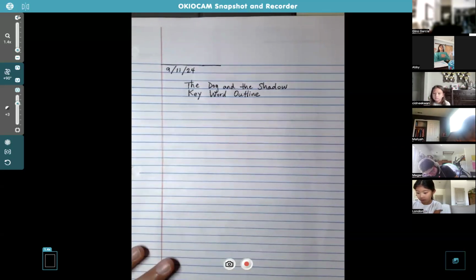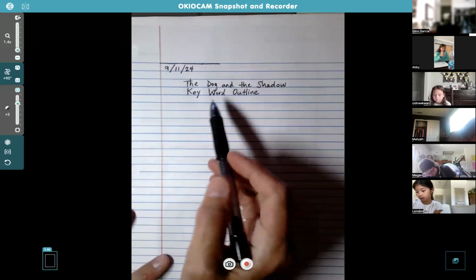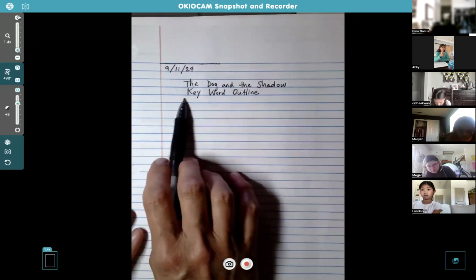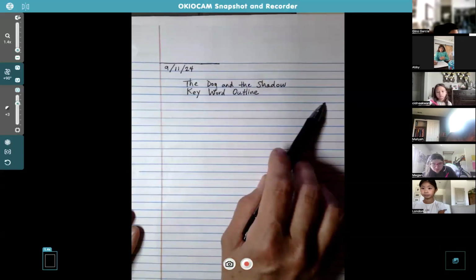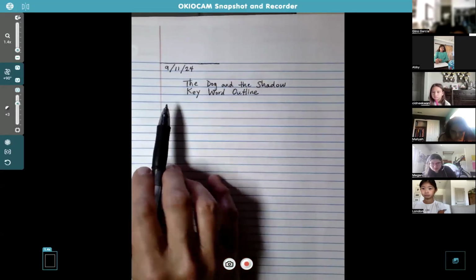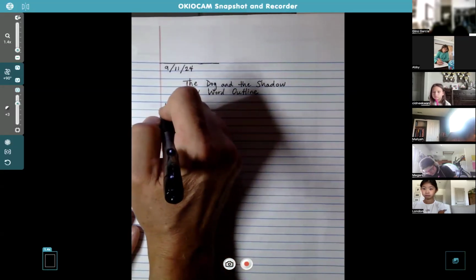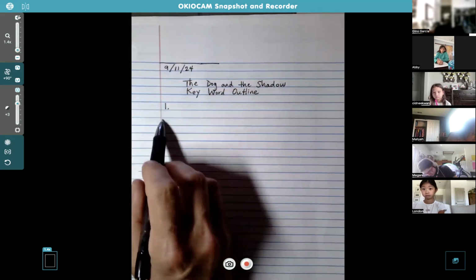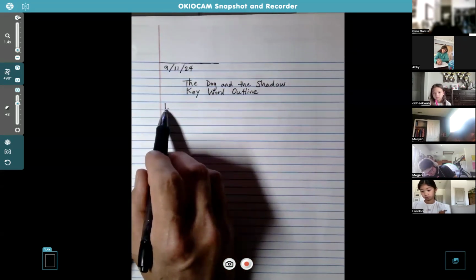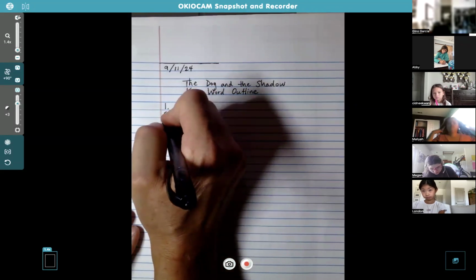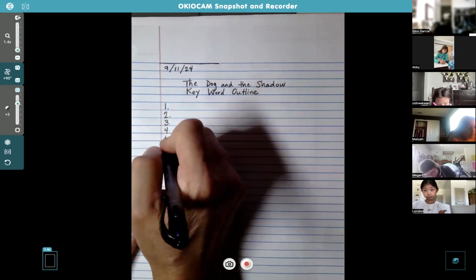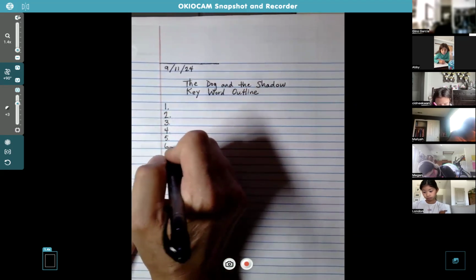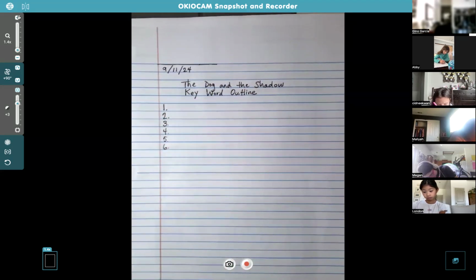I'm going to leave this here, so keep working on it if you're working on it. I want you to then, under that, skip a line. So we're going to leave this one blank under that. And then next to that red line here on the left, you're going to put a 1 and a dot, a 2, all the way to 6. Like that, 1 through 6.